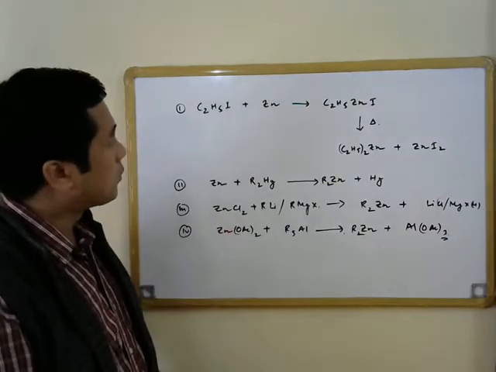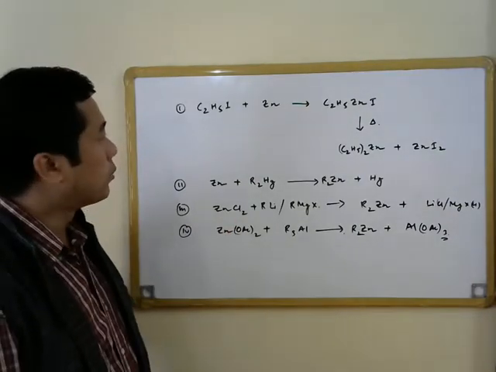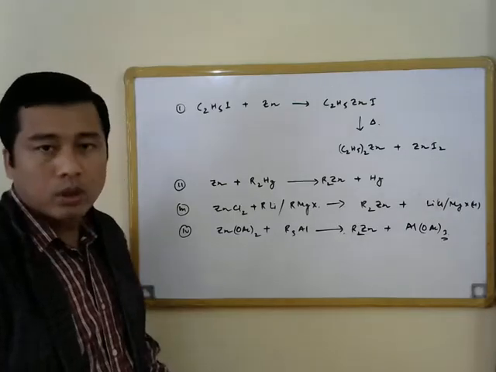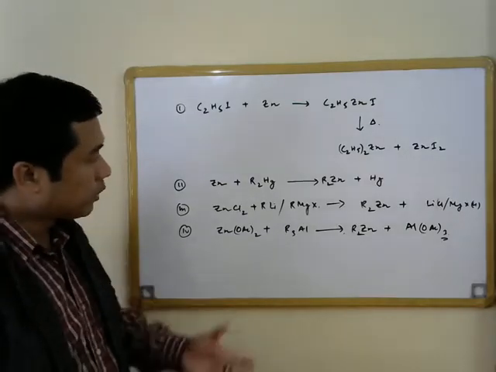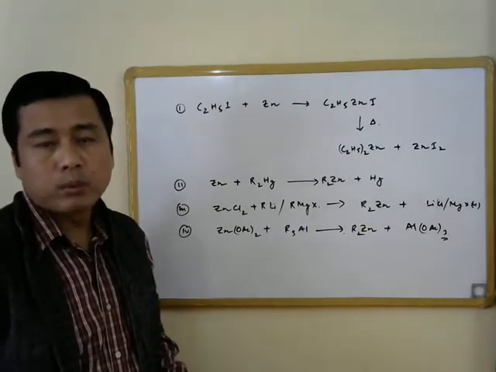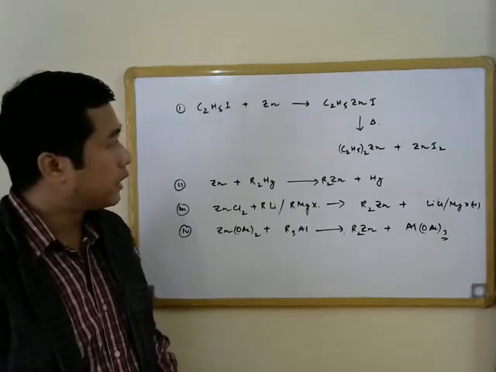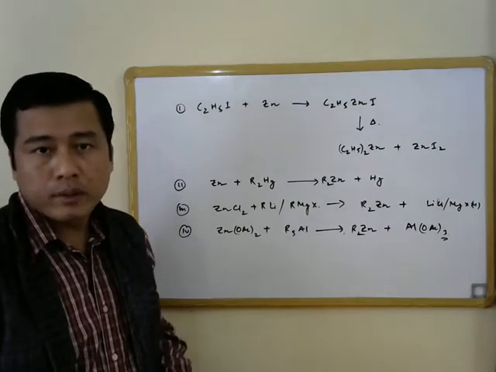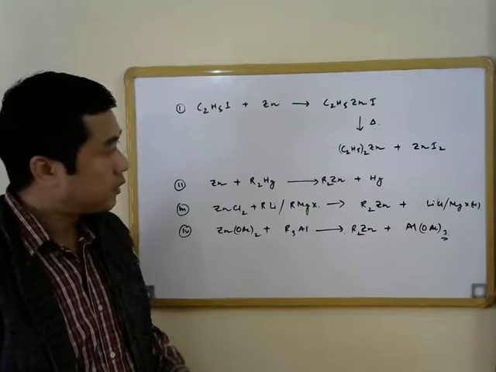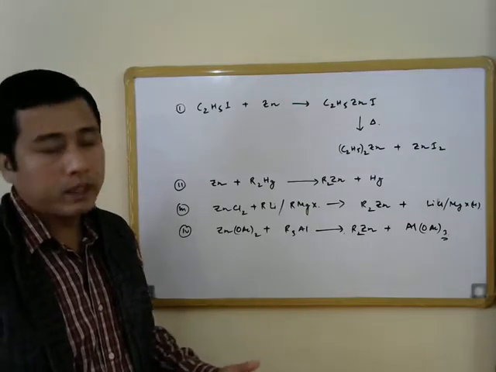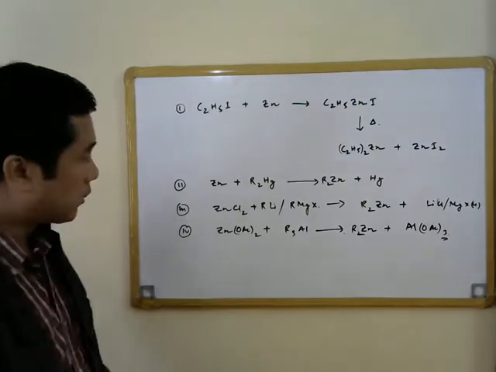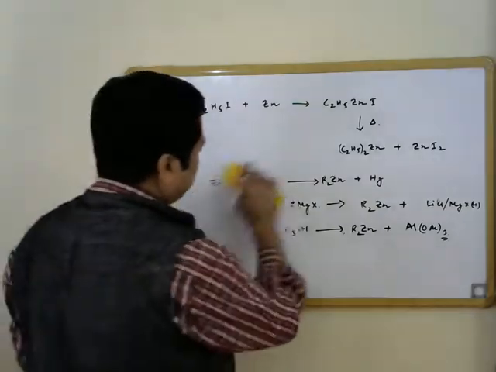So these are some conventional methods for preparation of organozinc compounds, and many of these serve as important reagents in organic chemistry, and we will of course learn about these reactions where organozinc reagents are used.